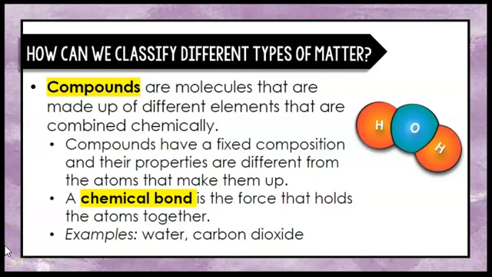For example, sodium tends to react violently with water to explode. However, when it is attached to chlorine, a poisonous gas, then it forms table salt, which you need to eat in order to survive. Now, keep in mind a chemical bond is the force that holds the atoms together.